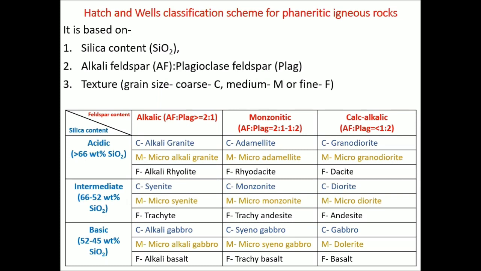So the same composition of rock, with coarse, medium, and fine grain, gives rise to three different names for the rock, and this broadly tells about the rate of cooling during crystallization. That is why it has a genetic implication, and that is why three classifications of rock are possible from here, which is relevant for its origin.